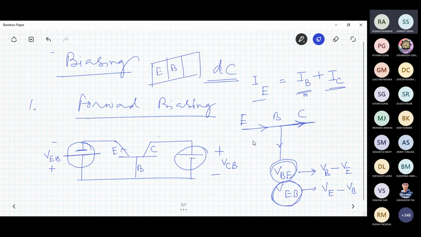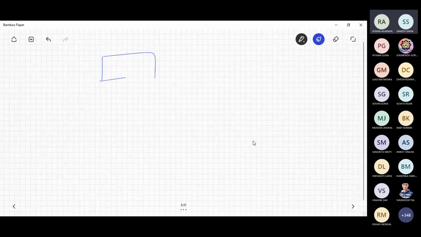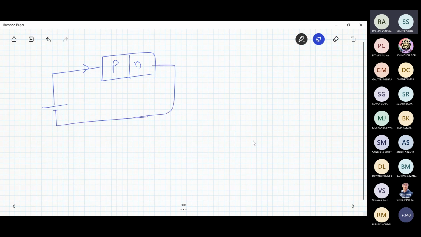emitter, base and collector. This terminal is given a positive voltage. See, this is NPN, right? And you know, for PN junction theory, if this is P, this is N, if this fellow gets positive voltage, then only current conduction will take place. So somehow you have to give P as positive, N as negative.